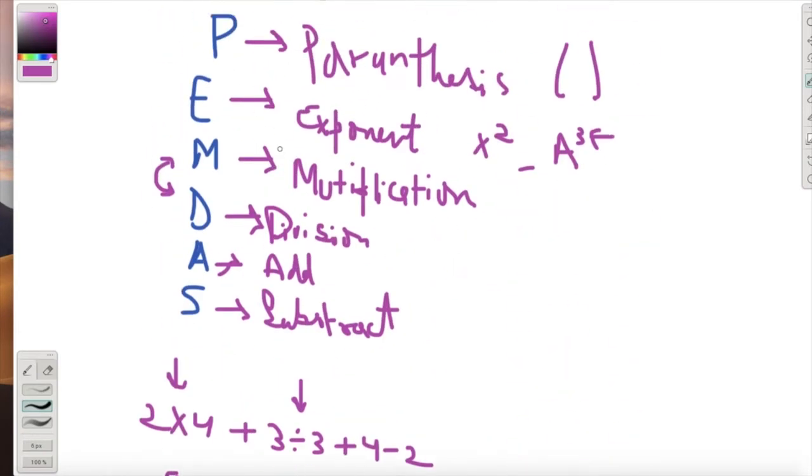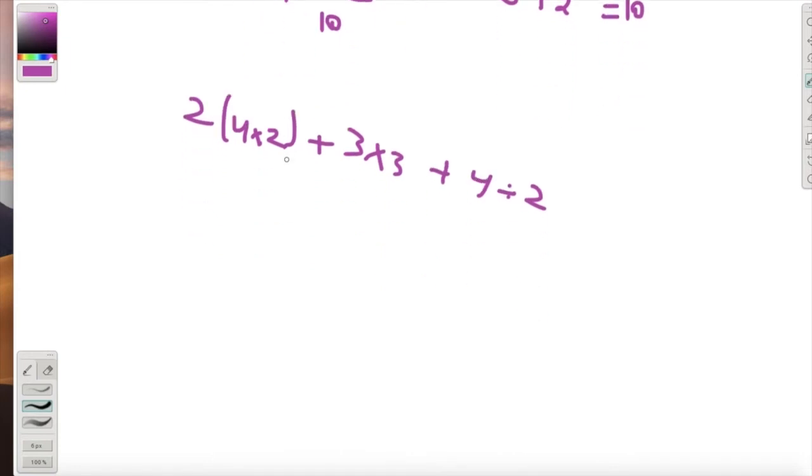P is our parenthesis, which comes first. So we have to first look into this. Whatever is in the parentheses we have to solve first. So 4 into 2 is 8. I'll keep it as 8. Plus 3 by 3, plus 4 by 2.